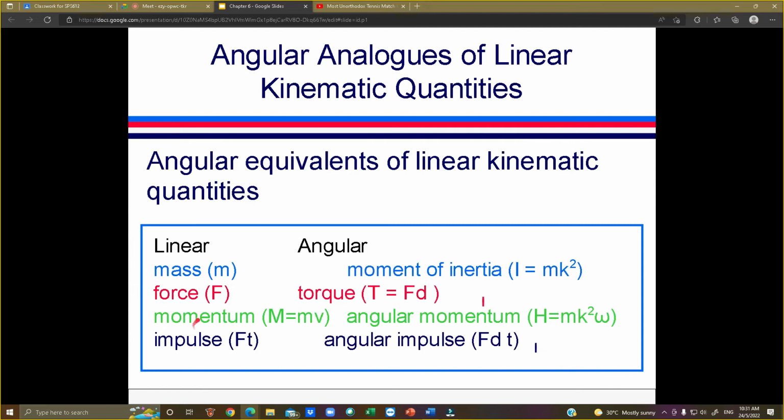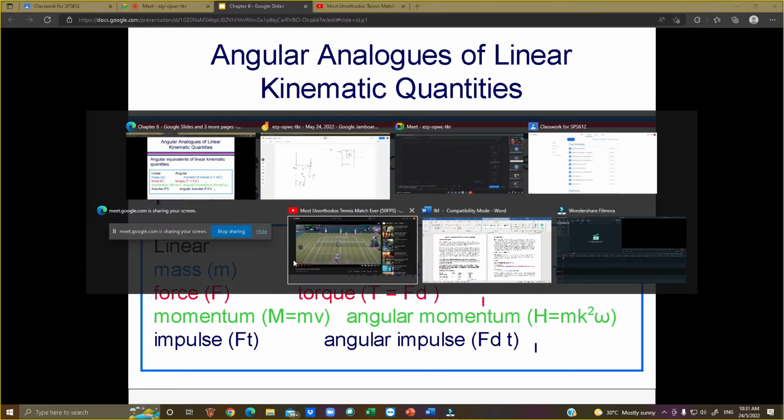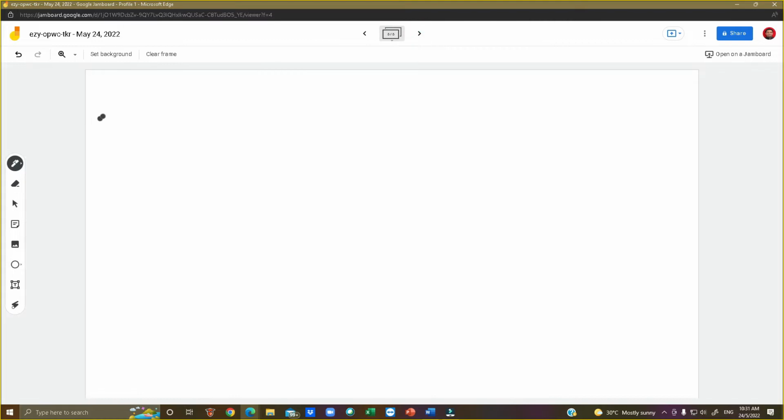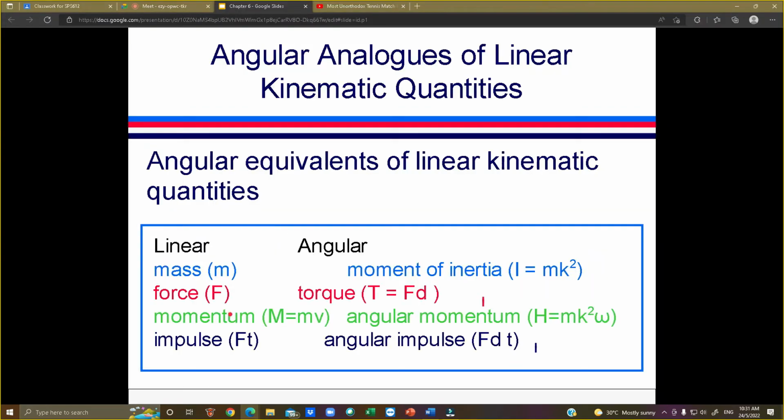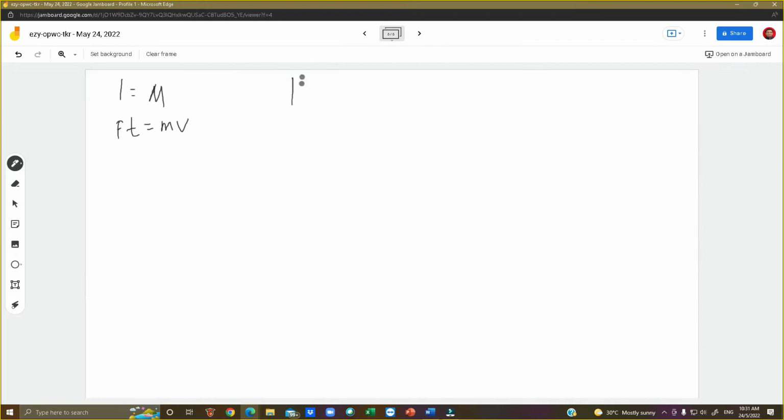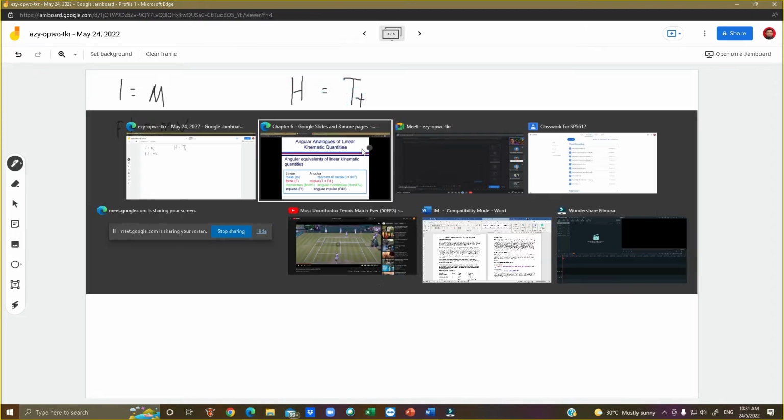Alright. And then we have momentum. Ni impulse and momentum theorem. Okay. So if we have something like this, I equals to M, where Ft equals to mv, okay, impulse momentum theorem, linearly, same goes as angular. So dalam angular momentum, we name it as H. Impulse, Tt. Jadi dia sama.